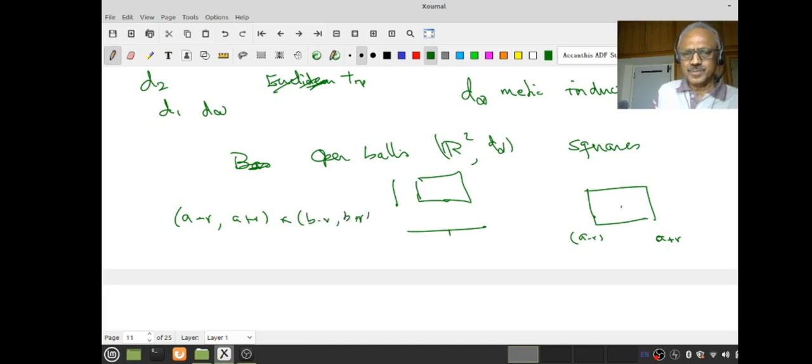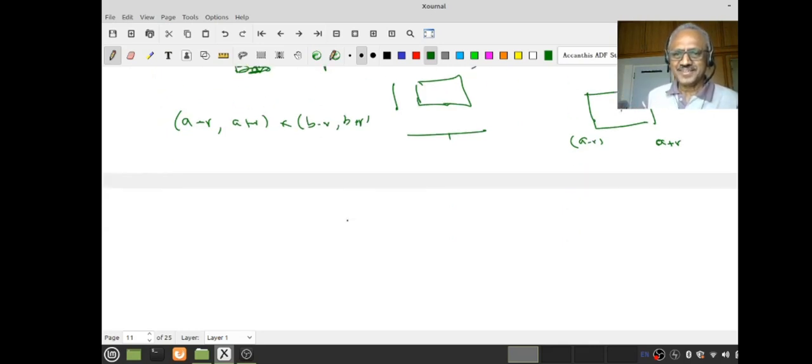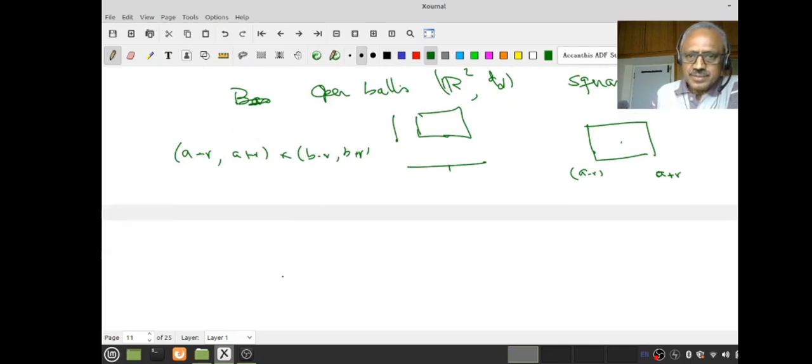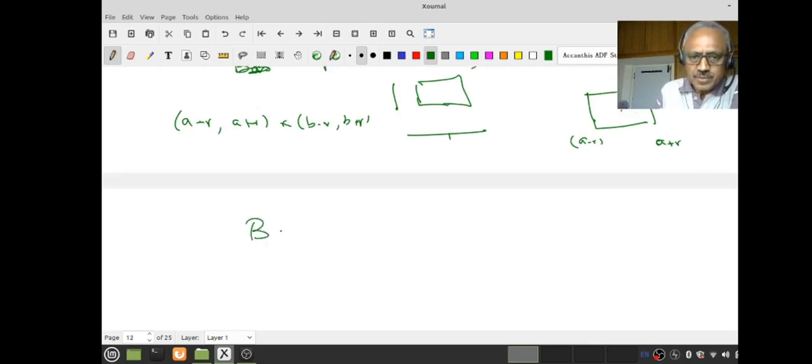You see how many subtle things are never explained. You just assume the moment you say R^2 the topology, etc. Now this is a basis for a product topology also.